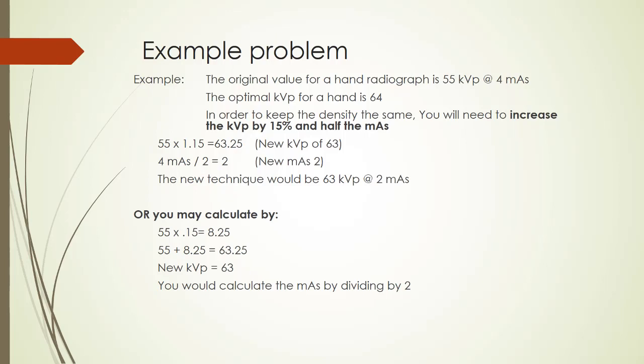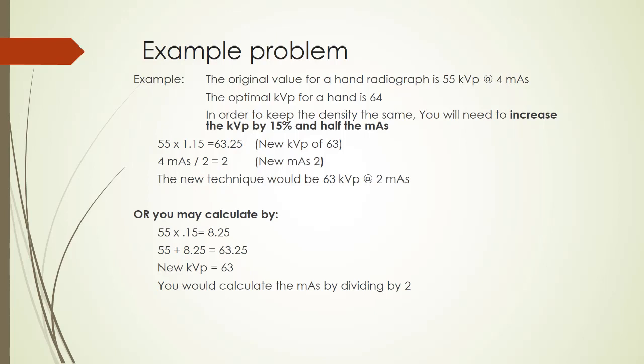We're going to take the 55 times the 1.15, and our calculator will come up with 63.25. That will make our new kVp 63. Then we're going to take our mAs and we're going to divide it by 2. We're going to half that mAs. That'll give us a new mAs of 2. The new technique then would be 63 kVp at 2 mAs.